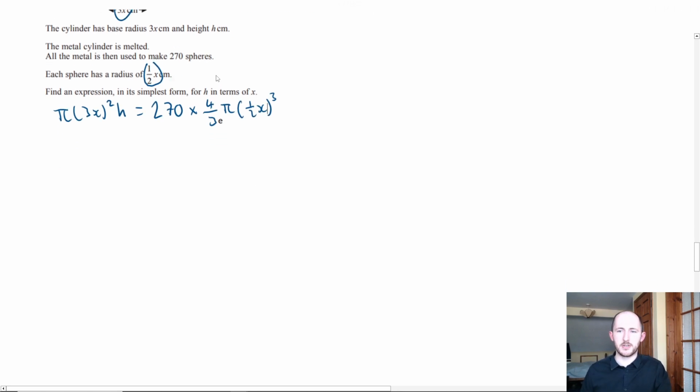Now we're trying to find an expression for h in terms of x. If I expand this, I get 9x squared pi h equals 270 times 4 over 3, so that would be 90 times 4, which is 360.